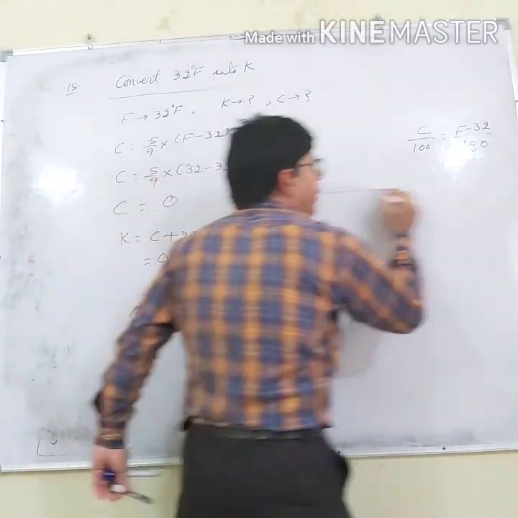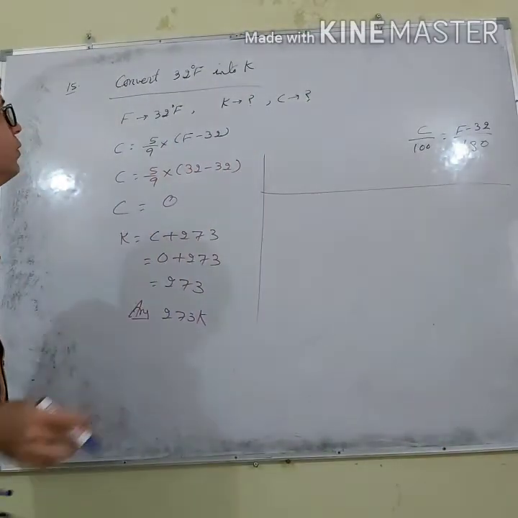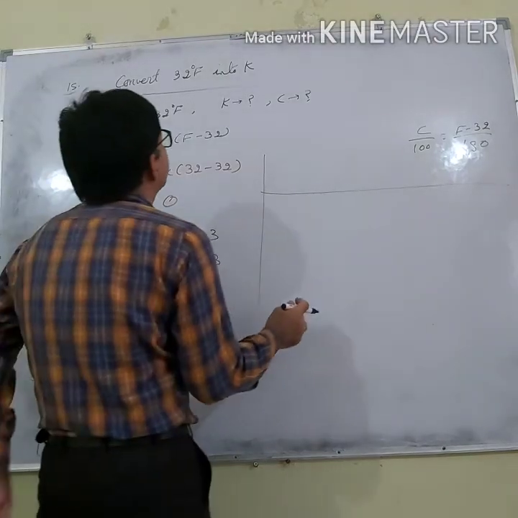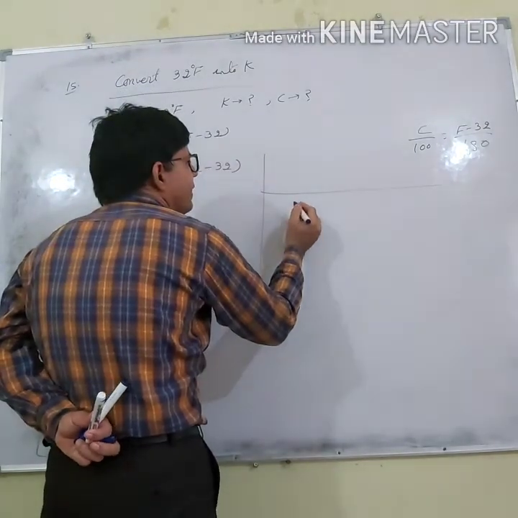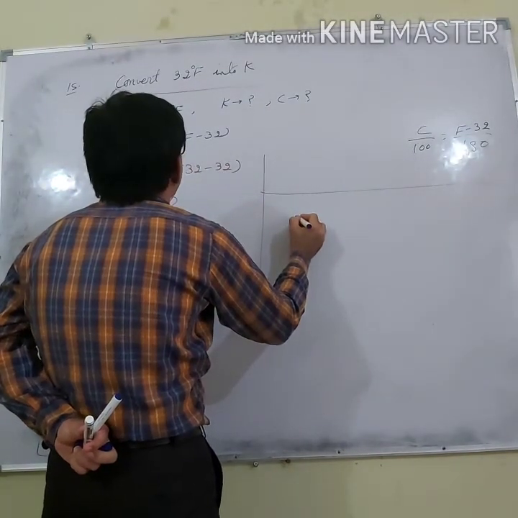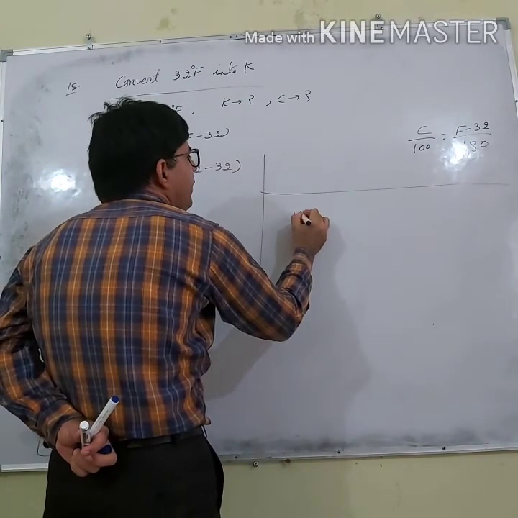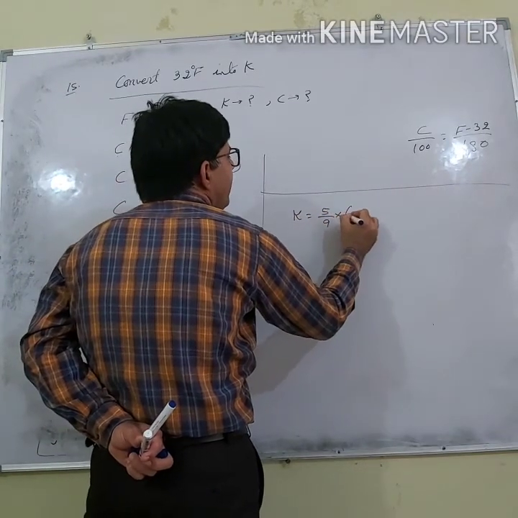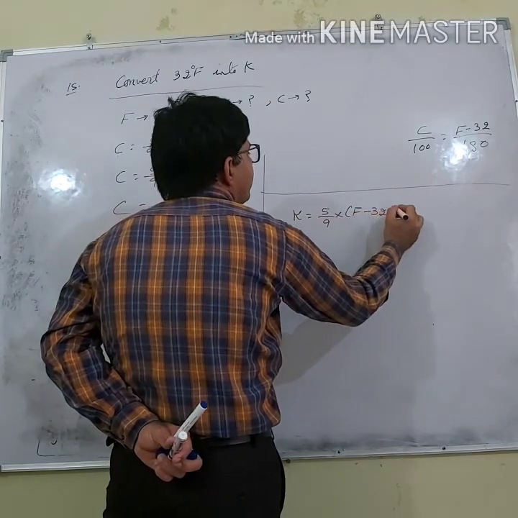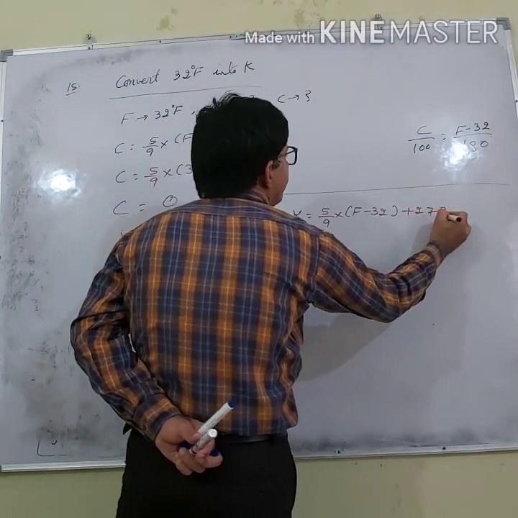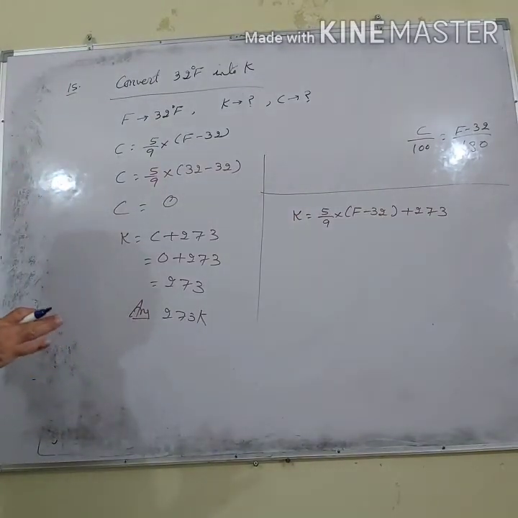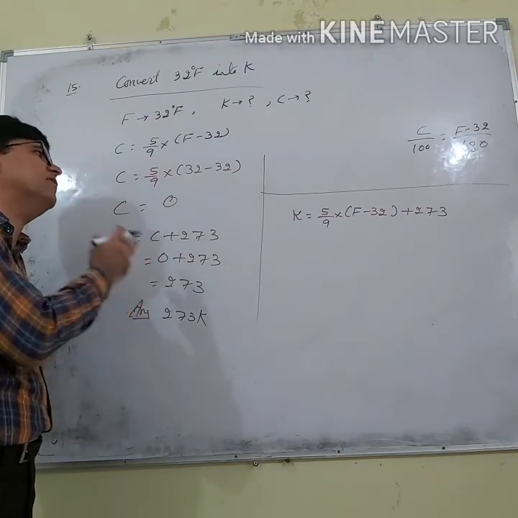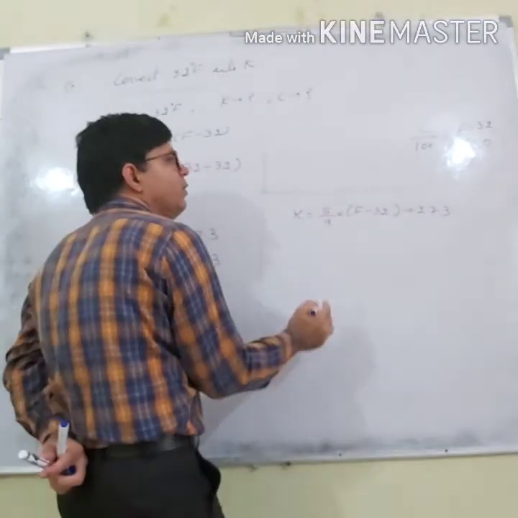There is one more method by which you can convert Fahrenheit into Kelvin. And what is that method? K equals 5 by 9 multiplied by F minus 32, plus 273. This is up to you. Whatever you want to use, you can use that formula. You can either first convert to Celsius and then Kelvin, or you can directly use this formula.